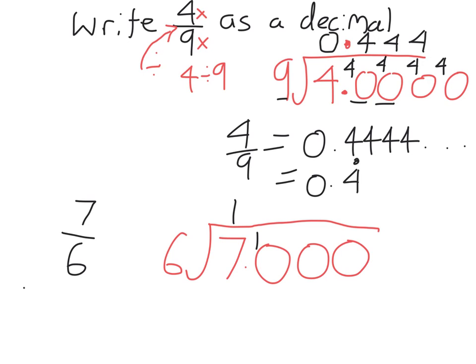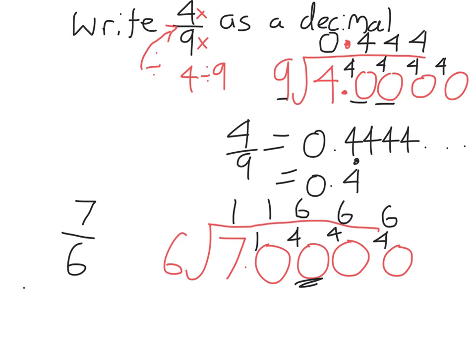So how many times does 6 go into 10? Well, 6 goes into 10 once, remainder 4. So now I'm looking here. How many times does 6 go into 40? It goes in 6, remainder 4. Again, it goes in 6, remainder 4, so I need to add another 0. Again, it goes in 6, and then there'd be a remainder 4.